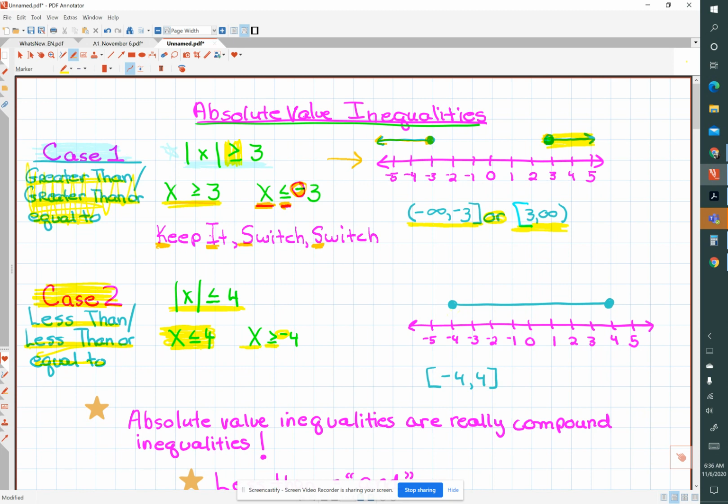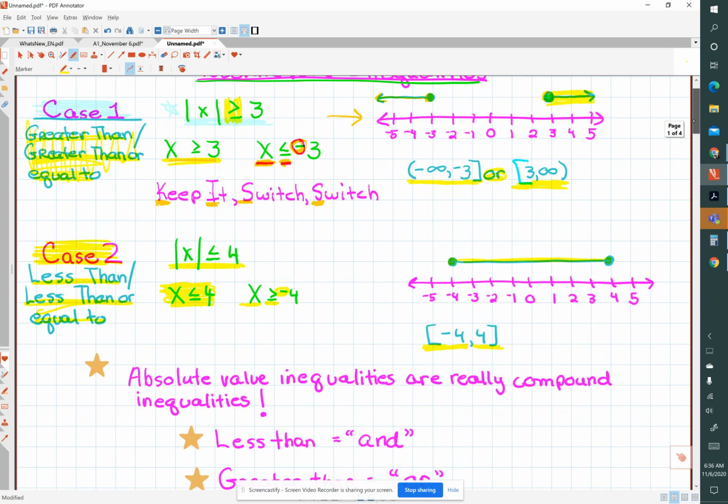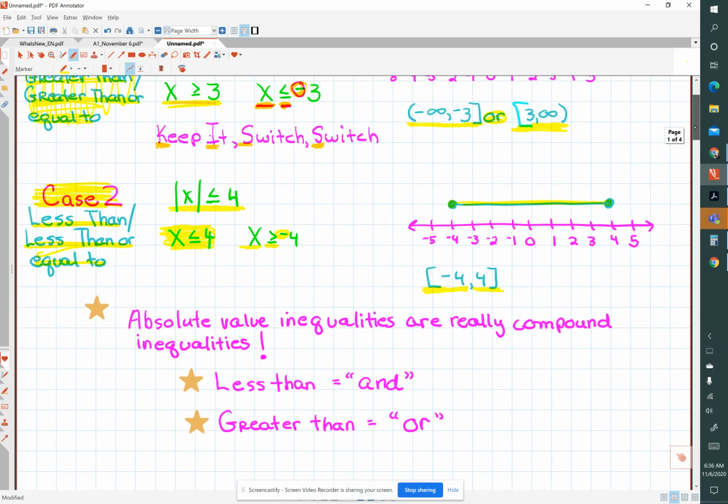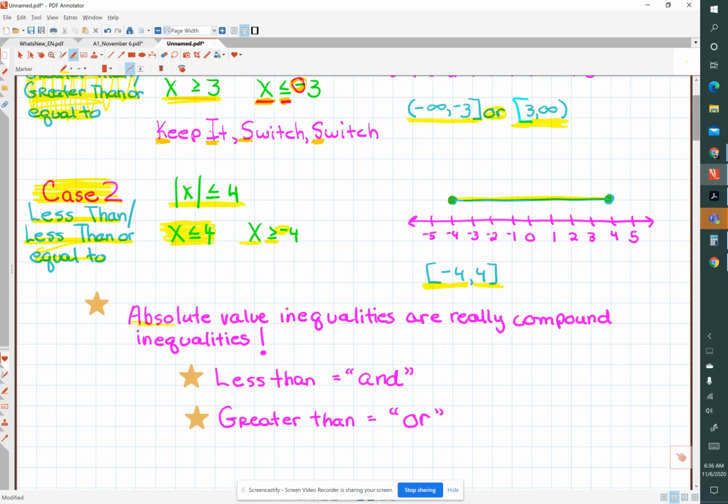And here's our graph with a closed circle on -4 and 4, and we connect them with a solid line. Our interval notation, bracket, -4, 4, bracket. So what this means, and how this ties into yesterday's lesson, is that absolute value inequalities are really compound inequalities.